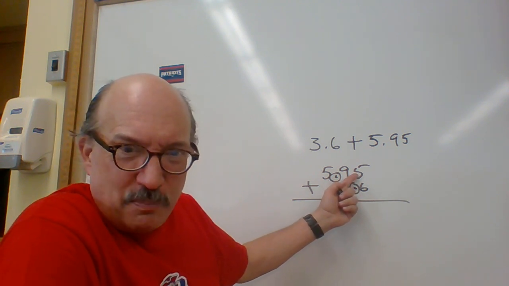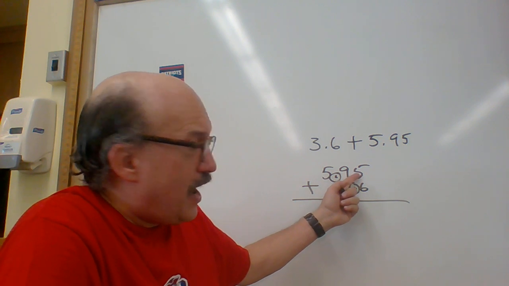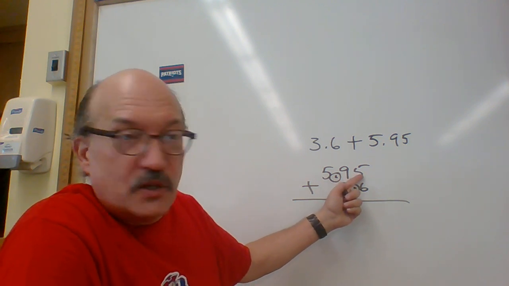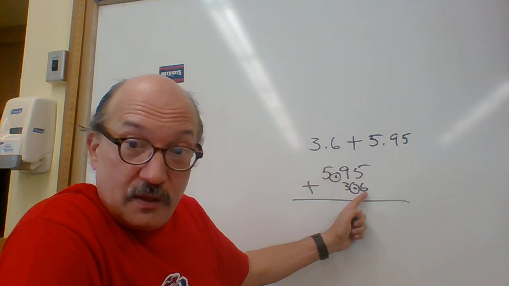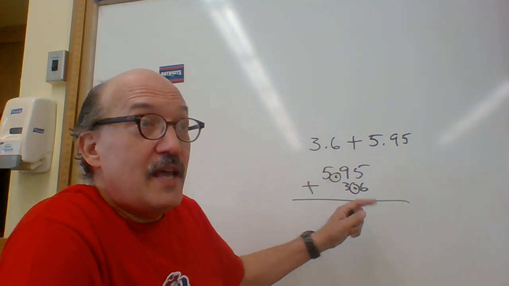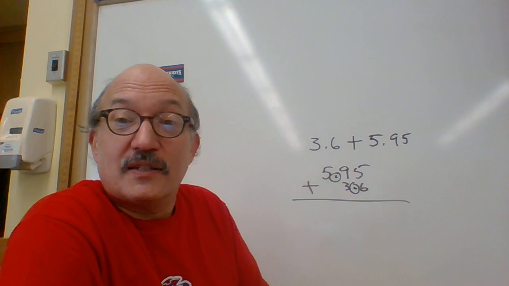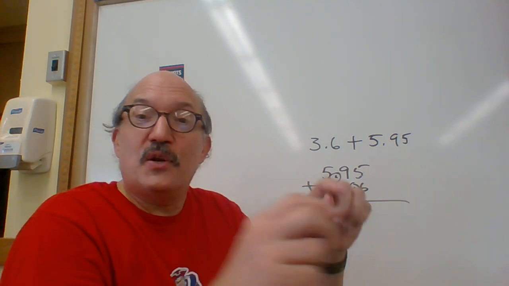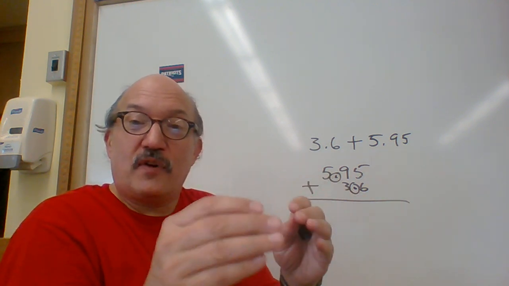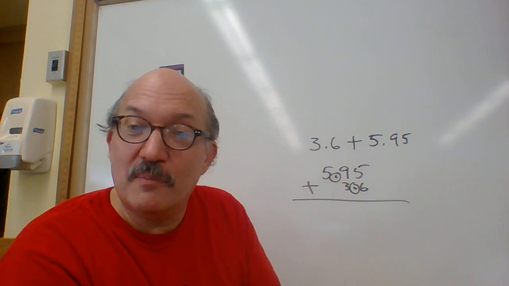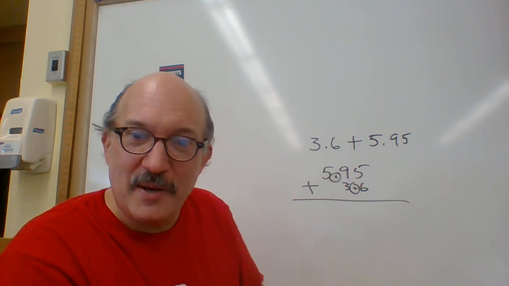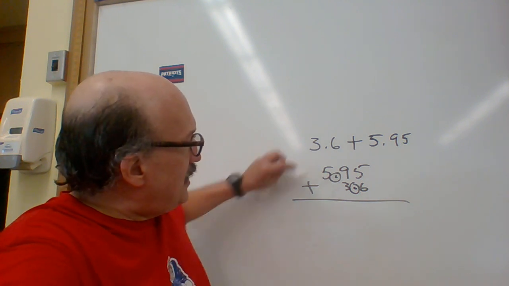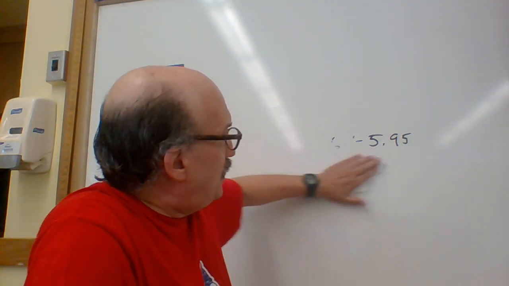This part of the 5.95 has 100 in the denominator, and the 6 here, in 3.6, as a fraction is 6/10. It has a 10 in the denominator. So you can't just add 2 fractions with different denominators without making some kind of adjustment, as you know, right? Get a common denominator.